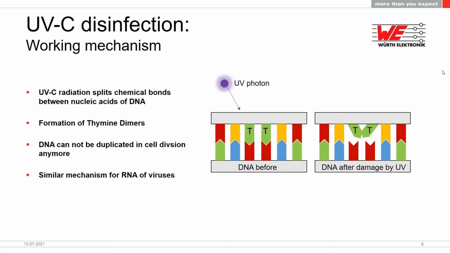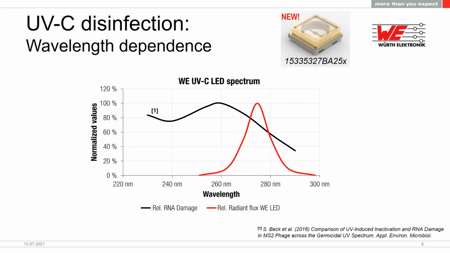So the question is now, which is the best wavelength for disinfection? There are a lot of studies that show or study the wavelength dependence of RNA damage and also DNA damage for example, bacteria. And they all looked a little bit similar, like the black line I show here. So this is specifically for a certain type of virus.